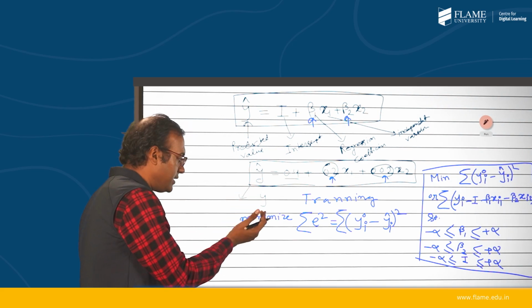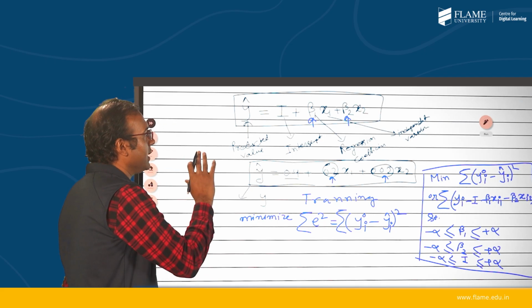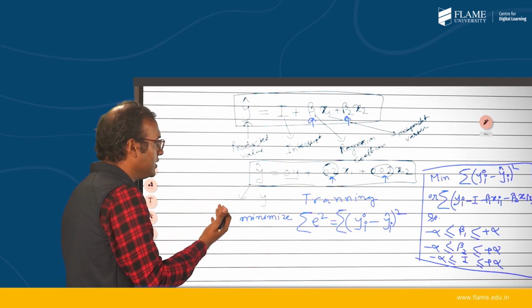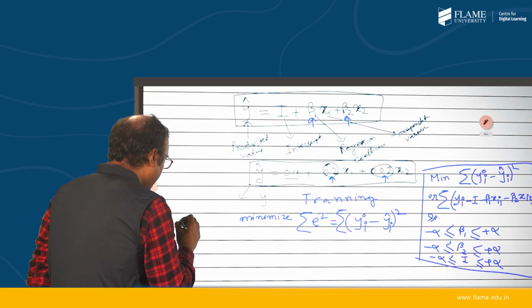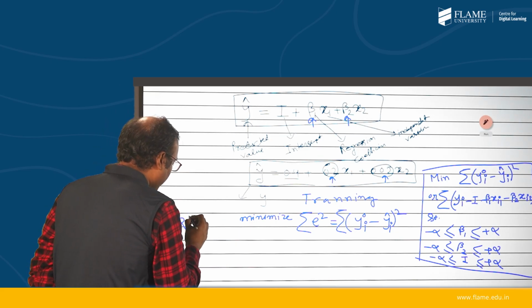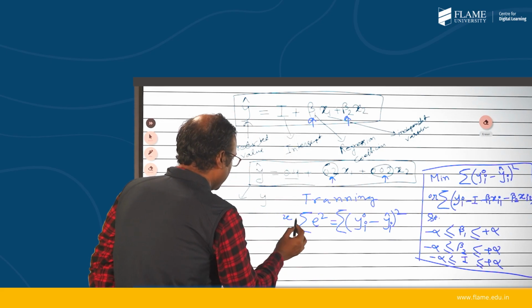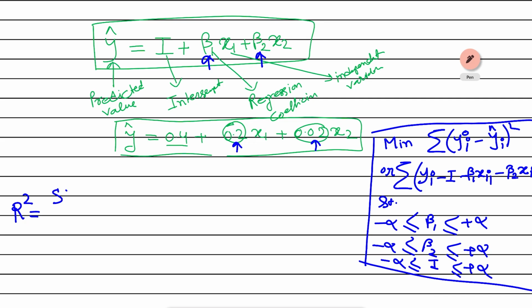Now, after this we need to calculate the efficiency, or you can say the accuracy, of the model. In that case, we generally use the formula of R square. This R square is nothing but the ratio of SSR and SST.